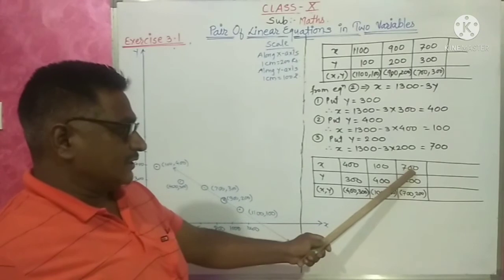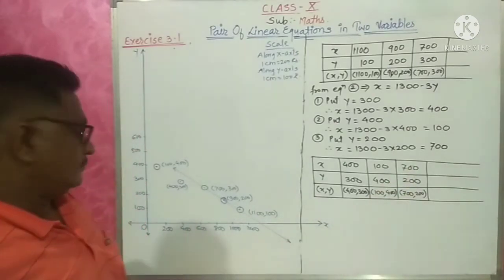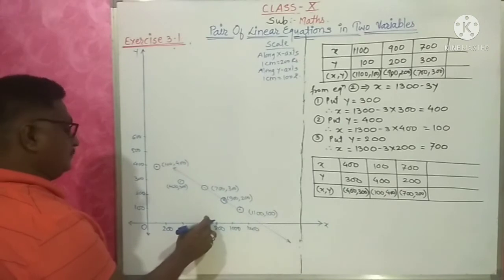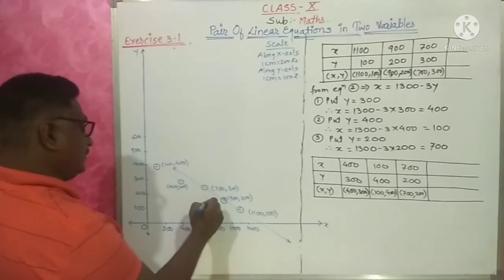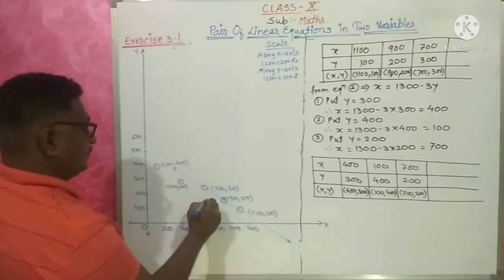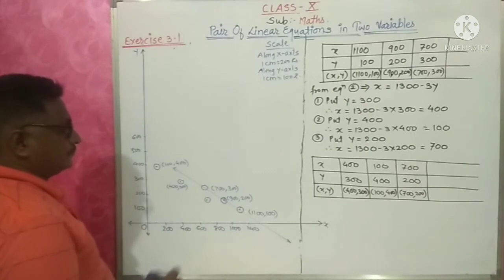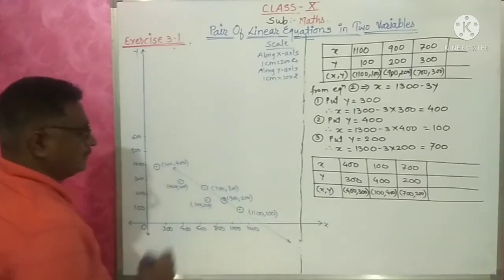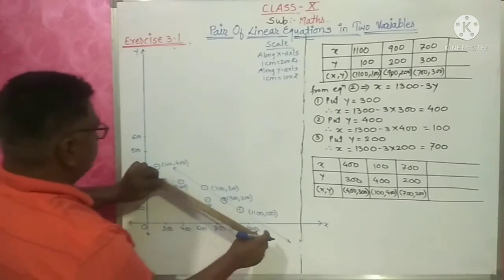Third, (700, 200): 700 and here 200. Now we have to draw a line.